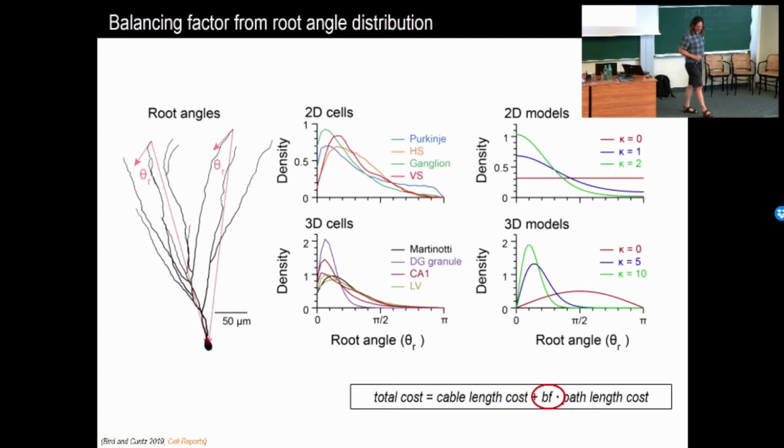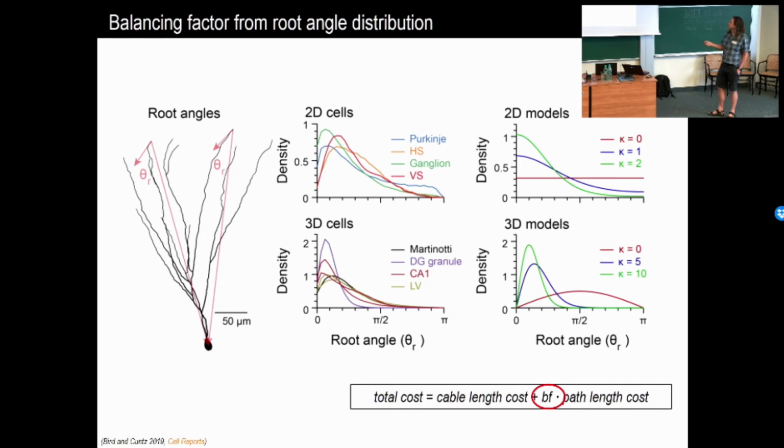So by further investigation, we found a new morphometric using the model that allowed us to infer the balancing factor, the one model parameter. We are able to get it directly from the morphology if you calculate this root angle, which is basically the angle of the vector of each segment in the dendrite compared to the vector that points straight to the root.